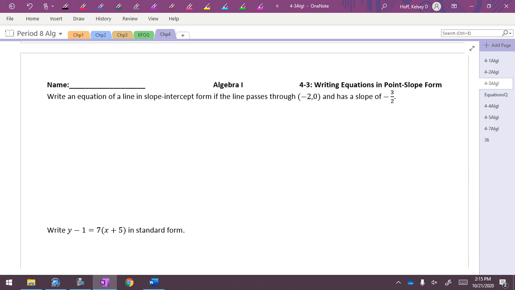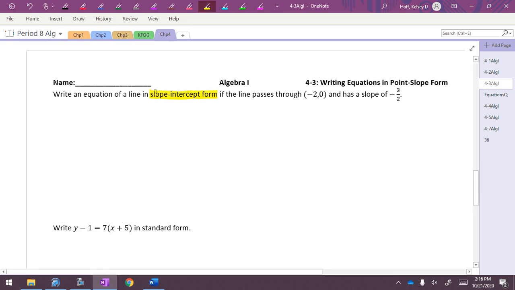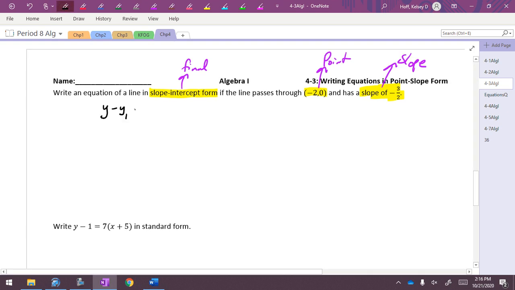Let's flip over to back one on the top. This says write an equation in slope-intercept form if it passes through -2, 0 and a slope of -3/2. Now, the final answer needs to be in slope-intercept form. But they gave us a point and they gave us the slope. You know what form I'm going to start with? Point slope. I'm going to start with what they gave me. So point slope is y minus y1 equals m times x minus x1.